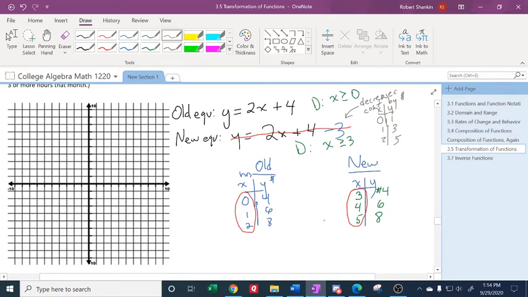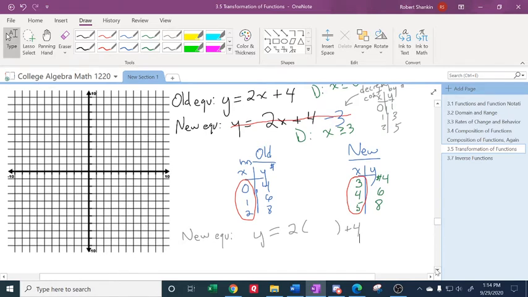So now, when we're coming up with a new equation, when the input set gets replaced with a new input set, it's going to be either one of these. Instead of this equation, the x is going to be replaced.